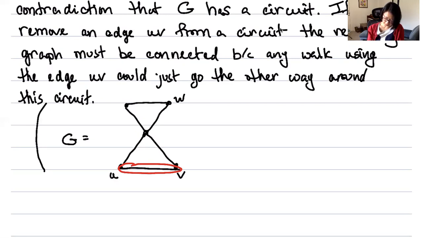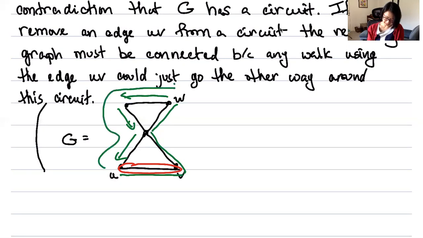If I had been going like this, maybe in green, U to V to W, instead I would go the other way around the circuit. So the circuit goes from U, V, W like this. There's a circuit that goes around this way. And so instead of walking from U, V to W, I would go this way to get to W, the other way around the circuit, okay? So you have to sort of convince yourself of that.